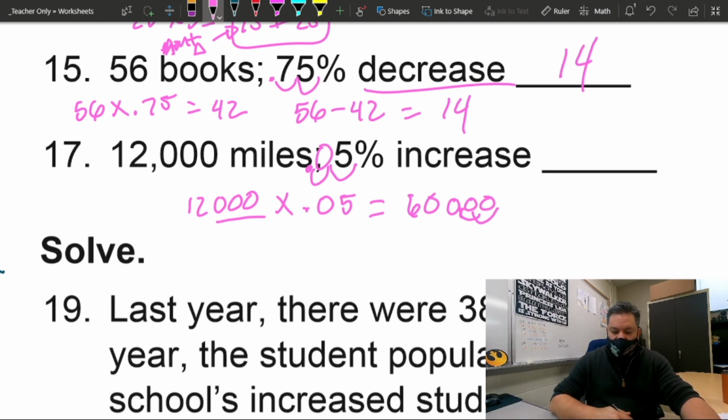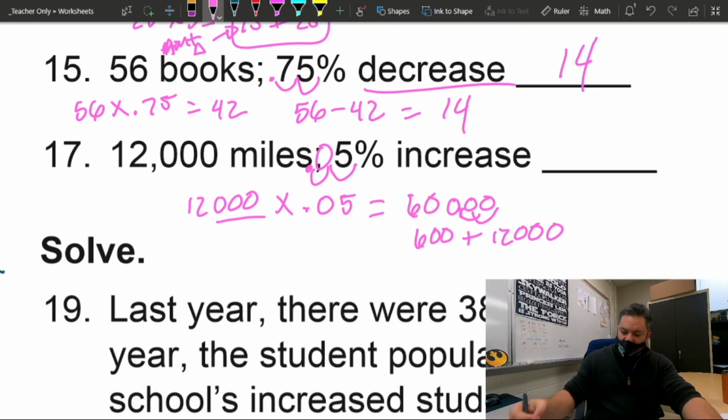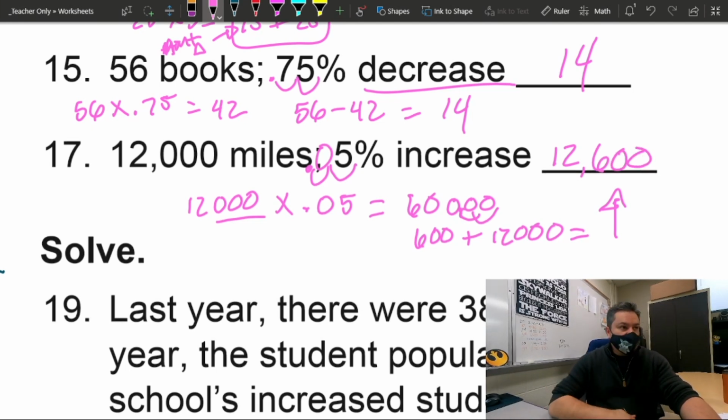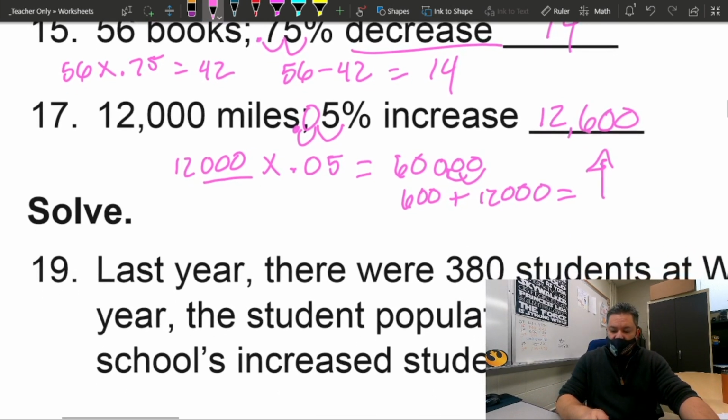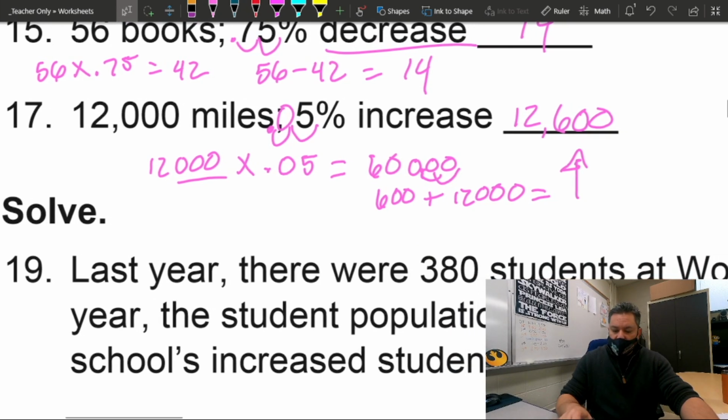So it's going to increase by 600. Now we have to add 600 back to 12,000. So how many miles is that going to be total? 12,600.